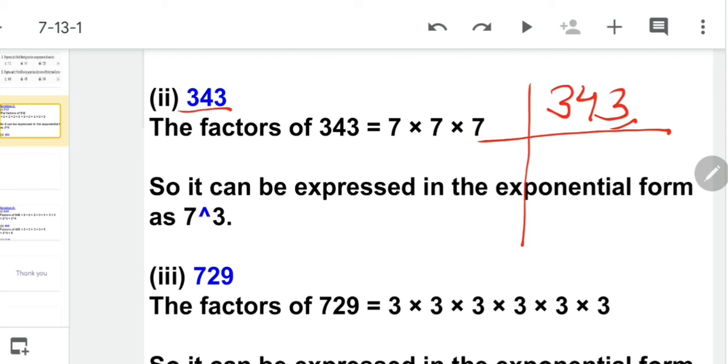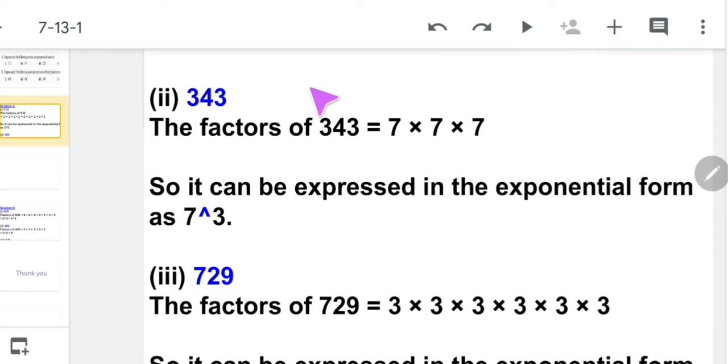You all have learned about divisibility test in your previous class. Okay. So for divisibility test of 3, what is our test? We have to add all the numbers. So its sum is 10. Now 10 is not divisible by 3. So that means this whole number is not divisible by 3.